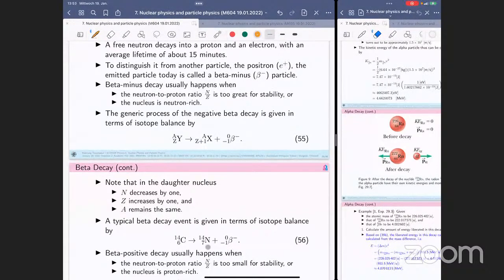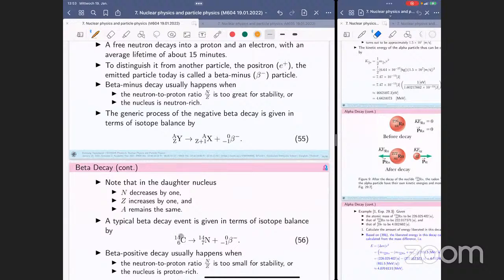The next one is from this equation. This is the generic process in general form for any element. When we substitute the actual element that takes place, we start from carbon-14. Carbon has 6 protons, and carbon-14 has 8 neutrons.